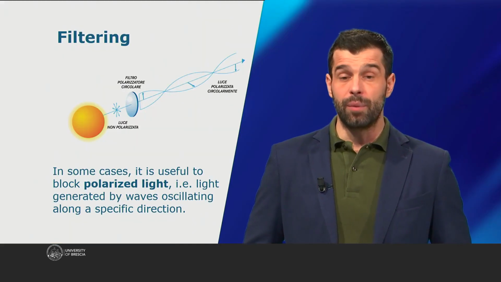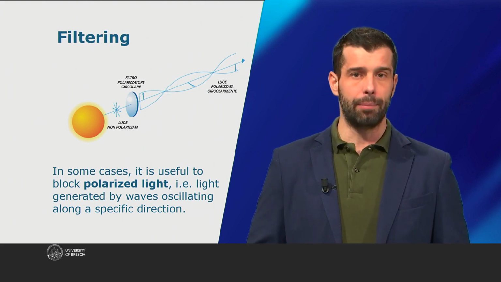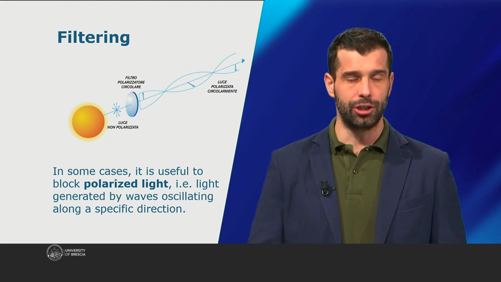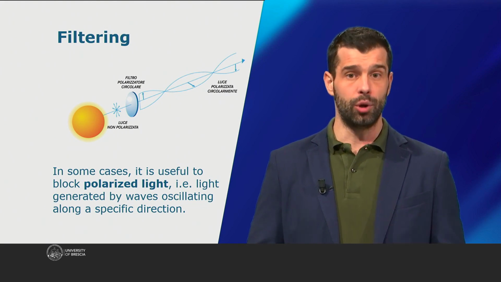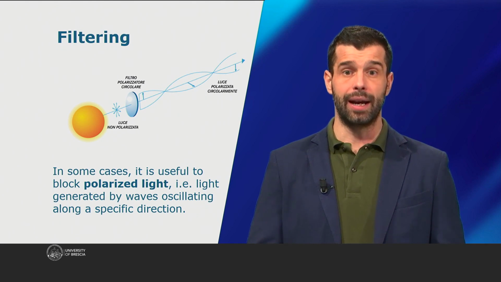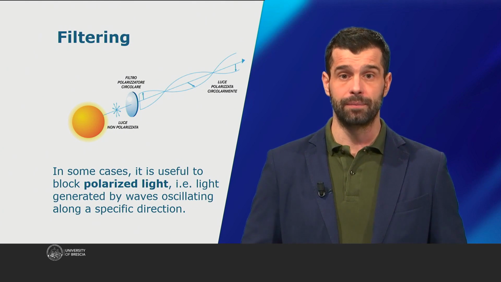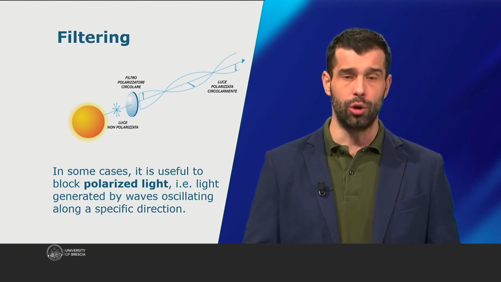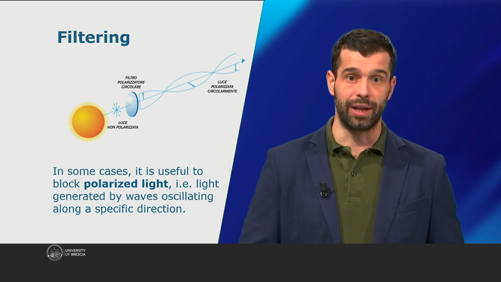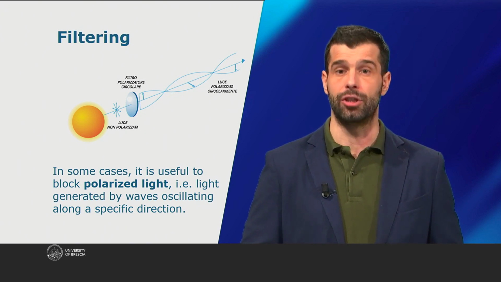Now let's talk about polarized light filtering. Polarized light is light made up of electromagnetic radiation that oscillates on a specific plane. Unpolarized light, on the other hand, is made up of radiation that oscillates on different planes. In many cases, it's convenient to use a polarizing filter that blocks polarized light, because this way we can further improve the final image.